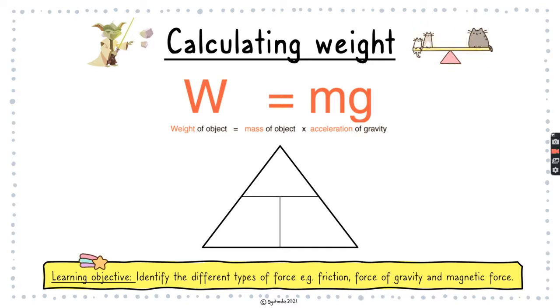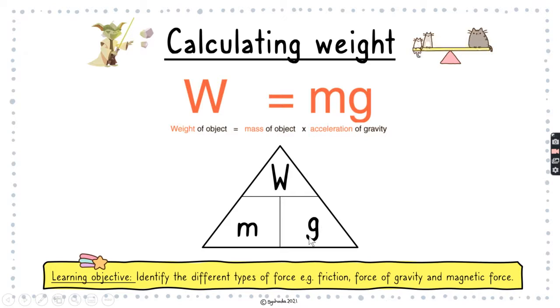I need to check. Anyway, if we want to calculate weight, we can remember it using this formula, W equals mg, or we learn about this triangle. So we put W at the top, m and g side by side. What this triangle refers to is that at the bottom of the triangle, that means divide.